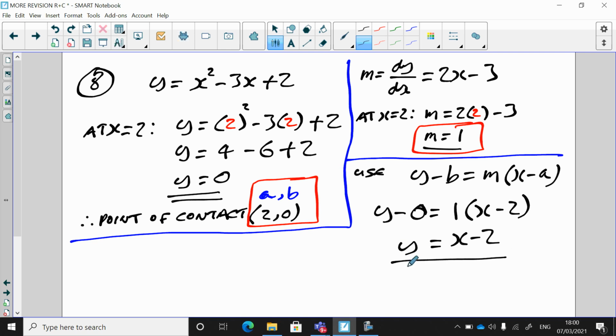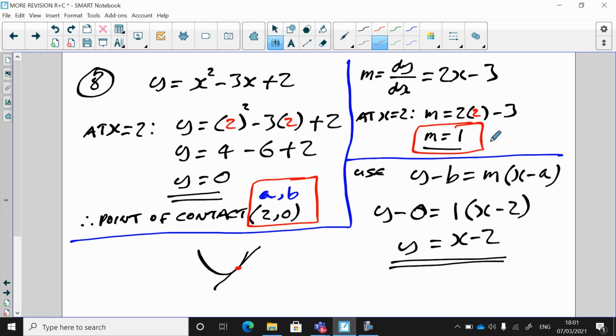So that there is the equation to my little parabola there. So that's what I've worked out at that contact point.